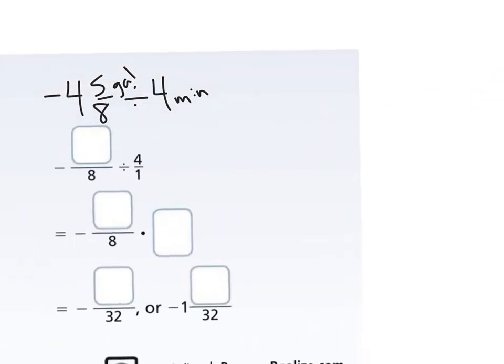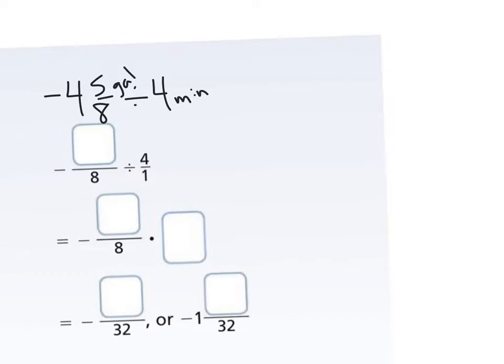I'd like the negative to be up in the numerator so it doesn't accidentally get lost with my fraction bar. Remember, the 4 you can put over 1, and then dividing we do keep, change, reciprocal. So we keep the first fraction the same, change to multiplication, and then the reciprocal of 4 over 1 would be 1/4.